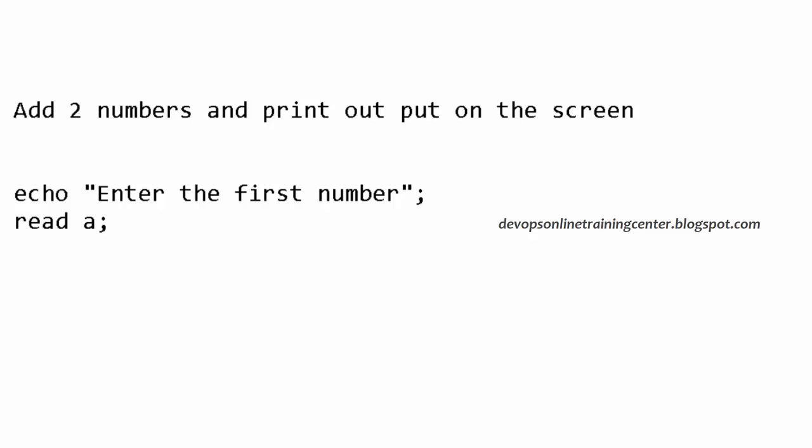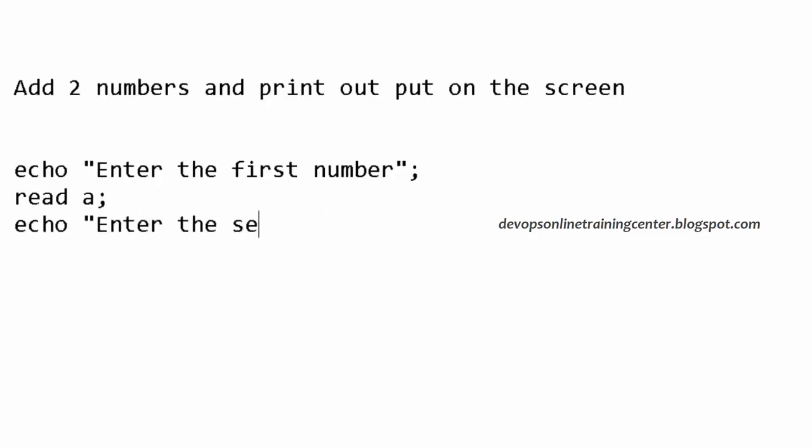So A is a variable. Whatever the user enters is stored inside the variable A as a value, right? In the same way, echo enter the second number, read B, right? So now the user enters the second value that is stored inside a variable called B, right?